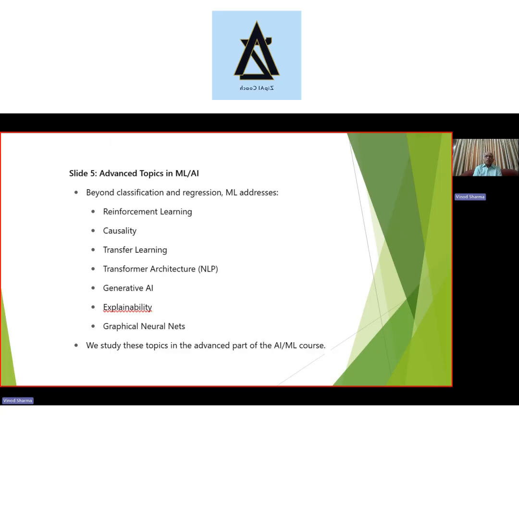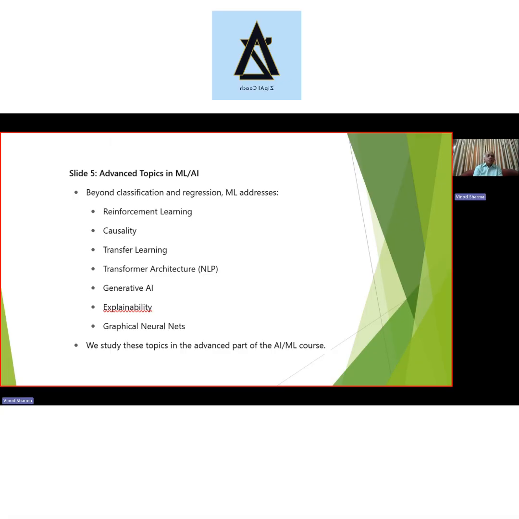For example, getting a chess program to play good chess, or driving an autonomous vehicle, you need something like reinforcement learning. Then causality, which tells the effect and cause in the overall setup of the world that we are forming for our application.